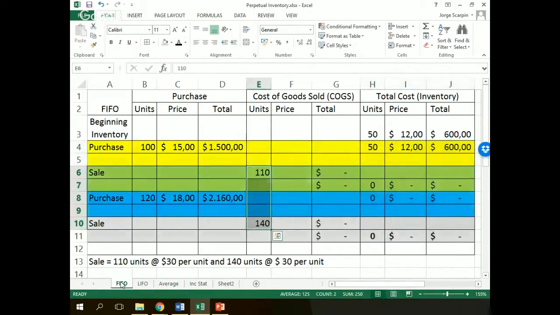FIFO system. We separate by colors. It will be much easier to see it at the end. So the first purchase, 100 units. So on our inventory, the beginning inventory and our first purchase.